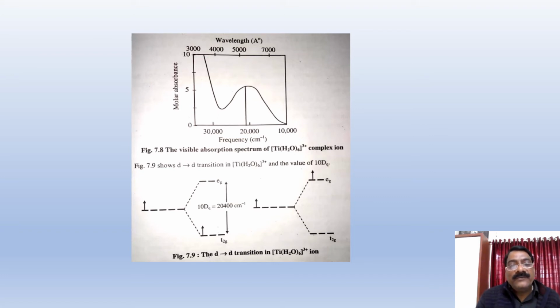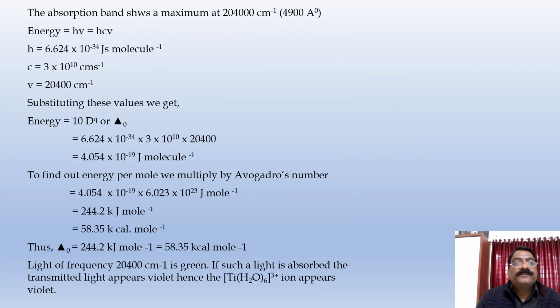When there is a single electron in the t2g orbital and it gets excited, it shows the single electron in the eg orbitals. At that time the t2g orbital is vacant. So both figures show the d-d transition in the [Ti(H2O)6]3+ ion, and the difference between t2g and eg is 10 Dq, and we have the absorption spectrum of that particular compound.